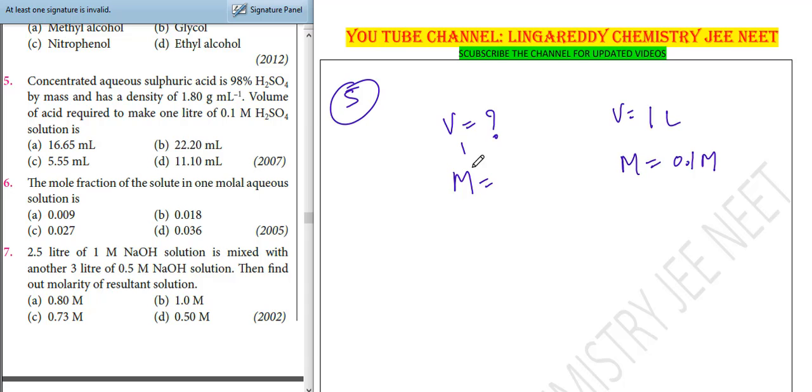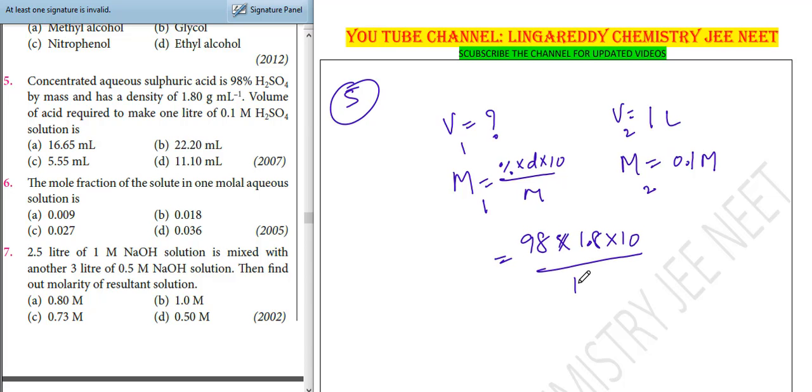So I can take V1 M1 = V2 M2. The M1 concentration is given indirectly, with percentage and density. When percentage and density are given, the formula is percentage into density into 10 upon molecular mass. So percentage is 98% into density 1.8 into 10 upon molecular mass 98.